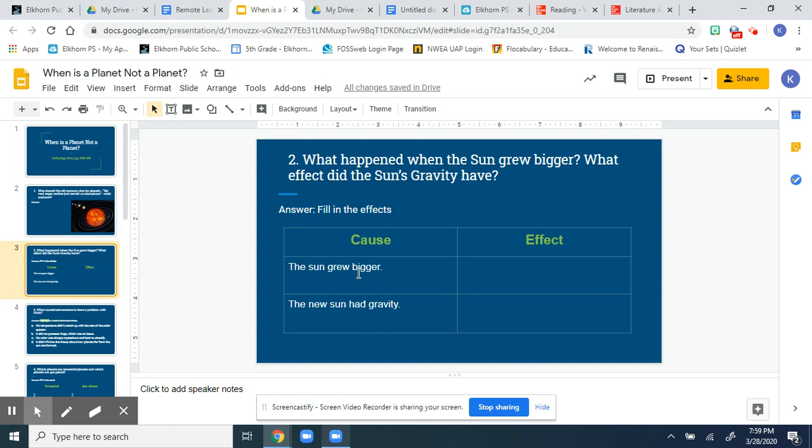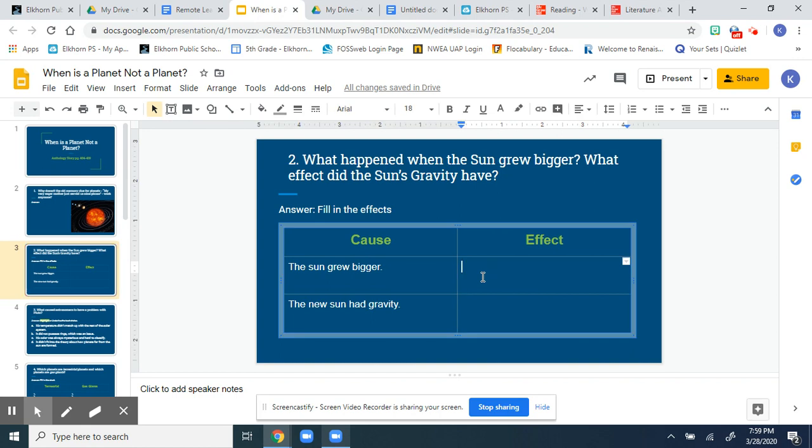What happened because of it is the effect. So you'll come in here, you'll click and you'll type the effect. The second cause they give us is the new sun had gravity. So because the new sun had gravity, what happened? Go ahead and type that in there. This is where I won't be giving those answers right away. We'll be talking about them in Zoom.